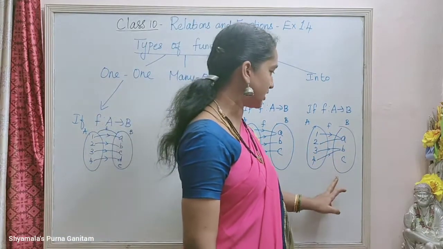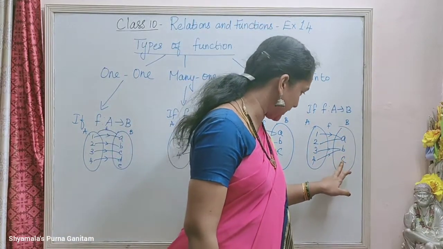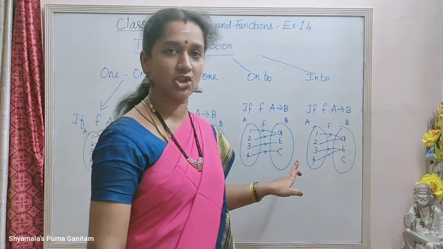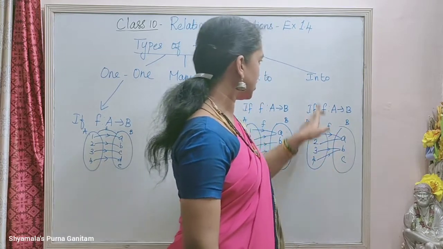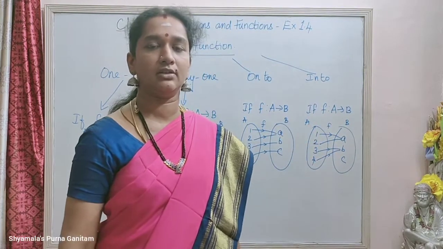These are all the images we have, so this C does not have any image. This type of function is called an into function.